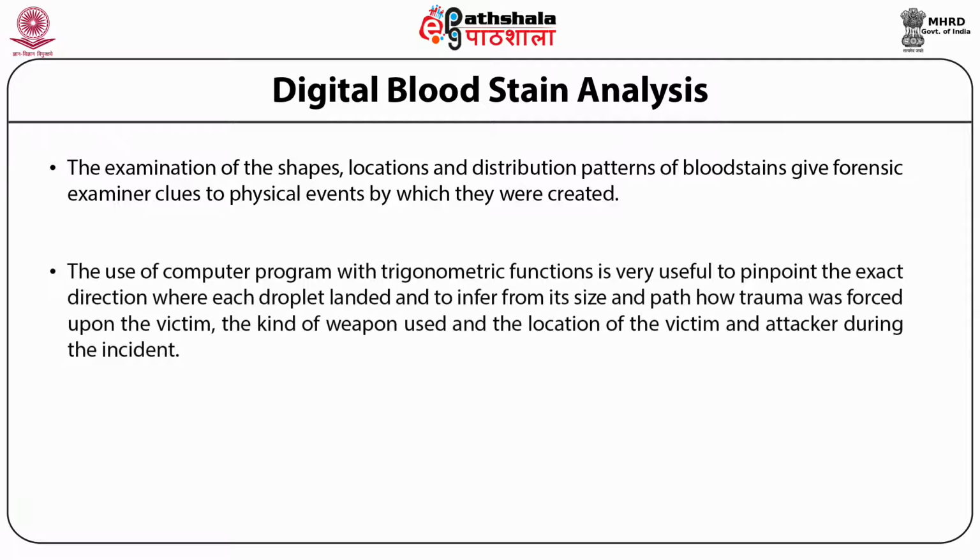The use of computer programs with their trigonometric functions is very useful to pinpoint the exact direction in which each droplet landed and to infer from its size and path how trauma was forced upon the victim, the kind of weapon used, and the location of the victim and attacker during the incident.